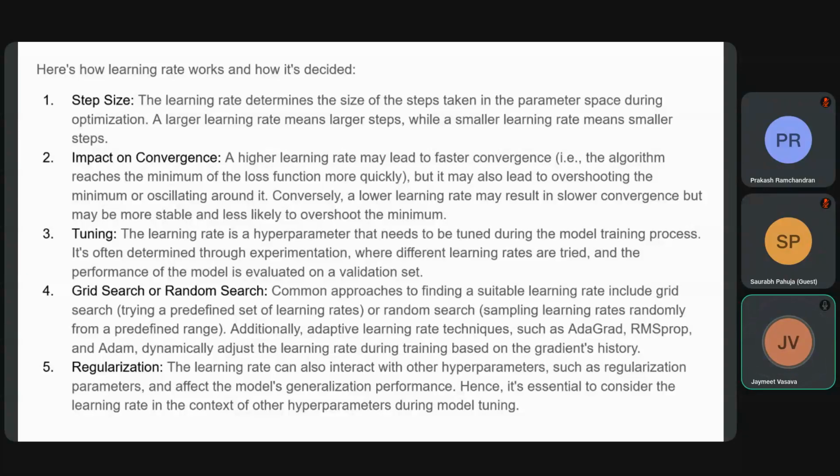Third is tuning. The learning rate is a hyperparameter that needs to be tuned during the model training process. It's often determined through experimentation where different learning rates are tried and the performance of the model is evaluated on the validation set.